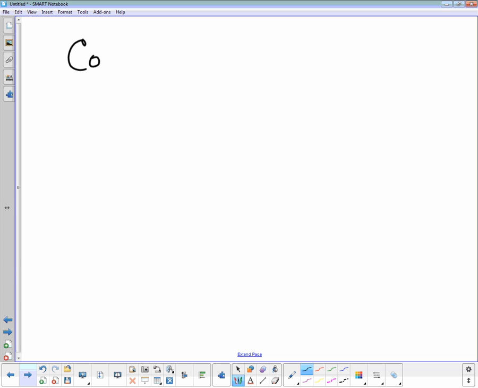Continuity. If something is continuous over an interval, then that means when you draw it, your pencil never comes off the page. That's like the layman's definition of it.